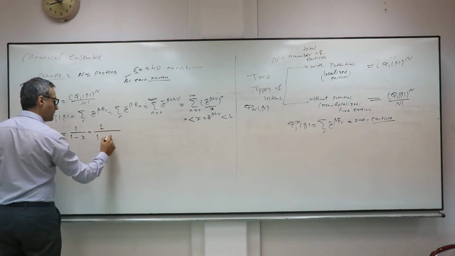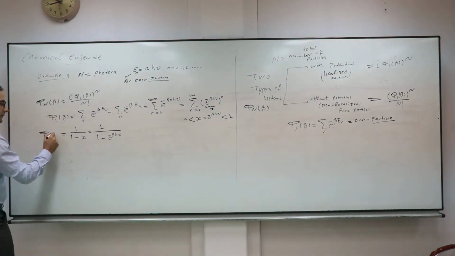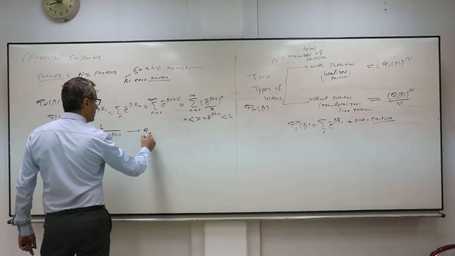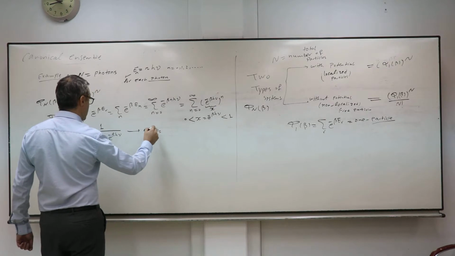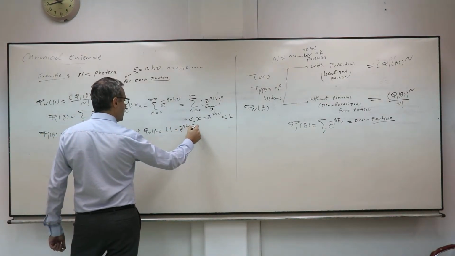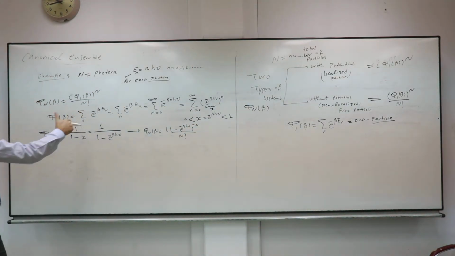Basic mathematics. This is Q1. So the partition function for the system will be Q1, which is 1 over 1 minus e to the minus beta h nu, to the power n, over n factorial.